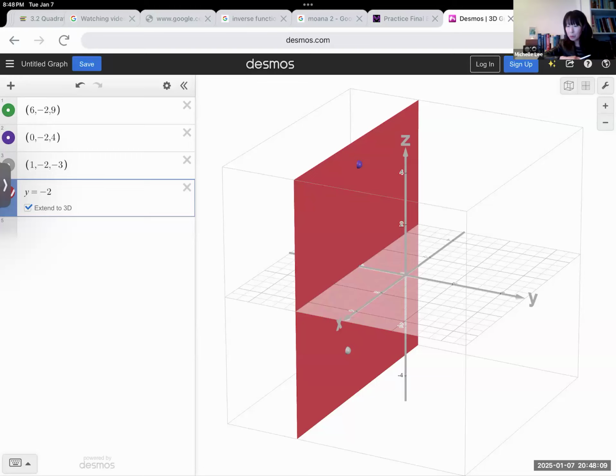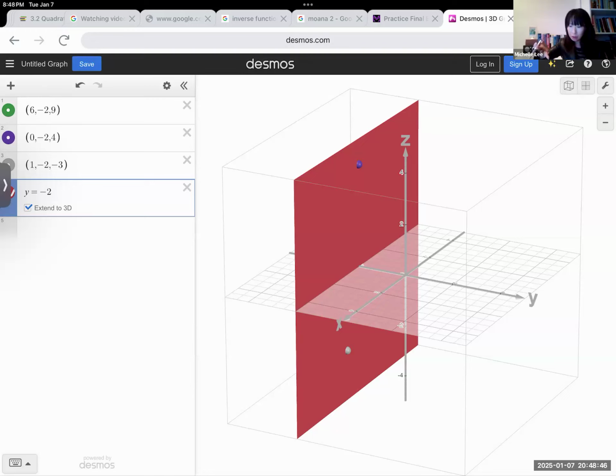And this is the Desmos 3-dimension graphing calculator. So I plotted all the points, and then I made y equal to negative 2, the plane, which is the xz plane, right? So here we go. I can see the purple point and the gray one, but not the green one, because I can see that z equal to the maximum is 4, but then z equal to 9 in the green, right?